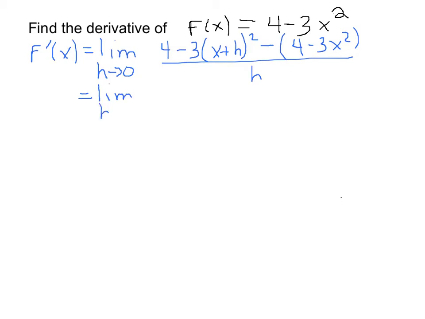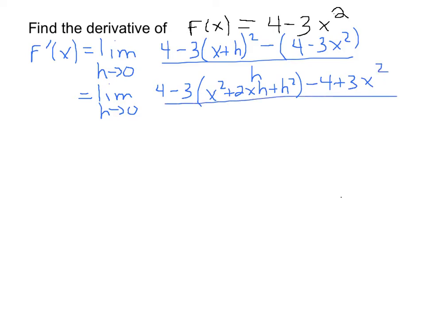So limit as h approaches 0. Again, it's important that we keep that carried along. 4 minus 3 times x squared plus 2xh plus h squared minus 4 and plus 3x squared, all divided by h.